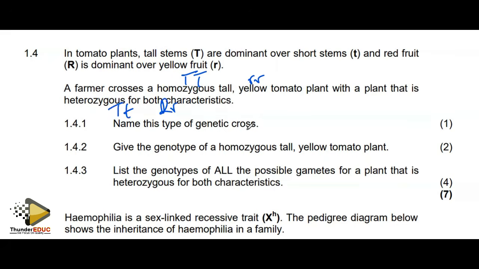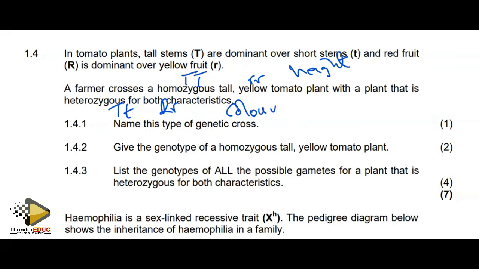They ask you to name the type of genetic cross because you're involving two characteristics. Which characteristics? The height, crossed with another characteristic, which is the tomato color. So two characteristics, height and color. So the answer is dihybrid cross.